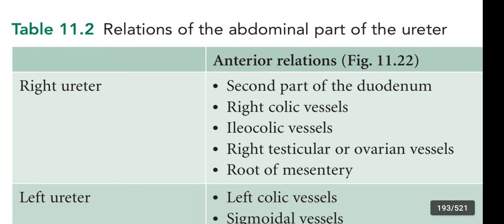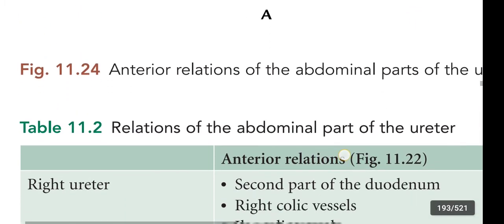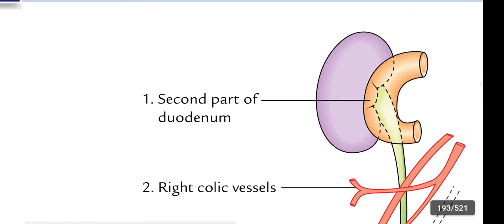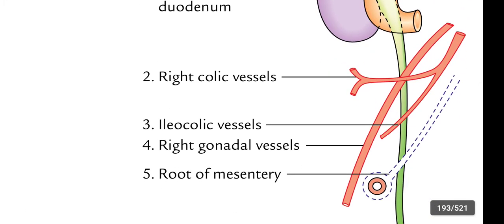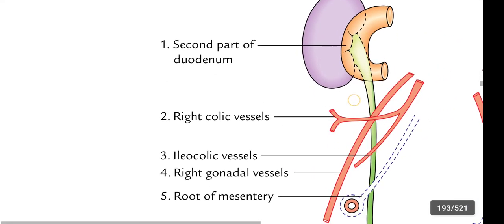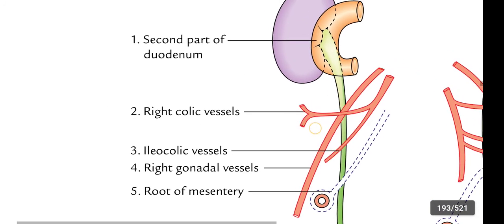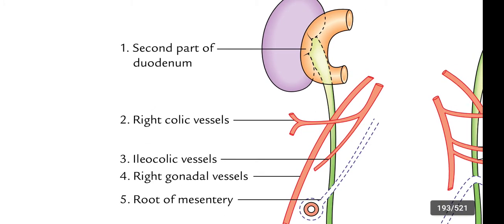The anterior relations of the right ureter are the second part of the duodenum, right colic vessels, ileocolic vessels, right testicular or ovarian vessels, and root of mesentery. This figure shows the anterior relations of the right ureter.